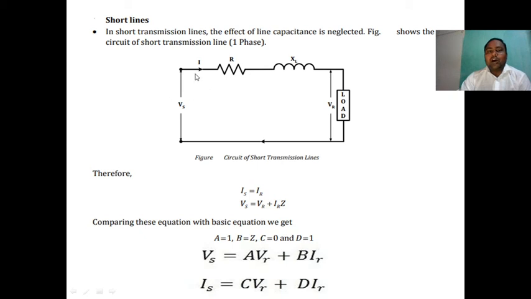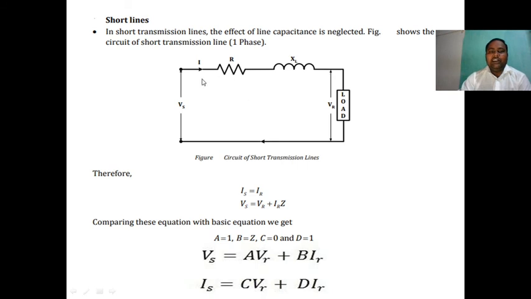Already I told that all the currents are the same in the circuit. So what are the currents? The sending end current and the receiving end current are equal to I. So take that as the equation: the sending end current is equal to the receiving end current.